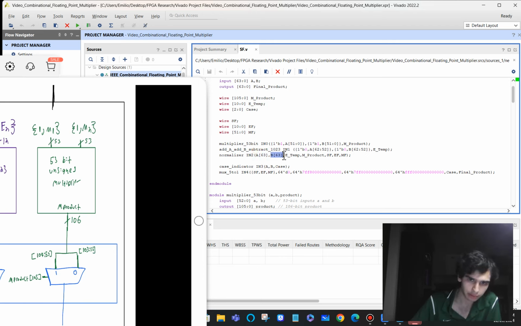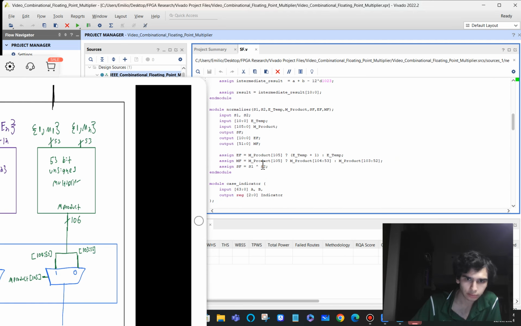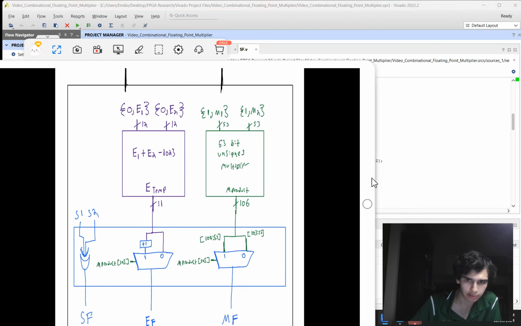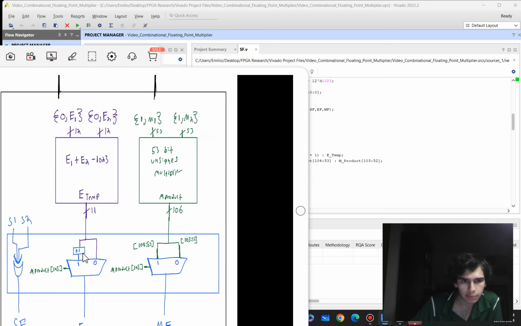Floating input for B, very first one's a sign bit. So this is the sign bits of A and B. Let's go to the normalizer. So SF gets assigned to that. And then we'll go over this part.